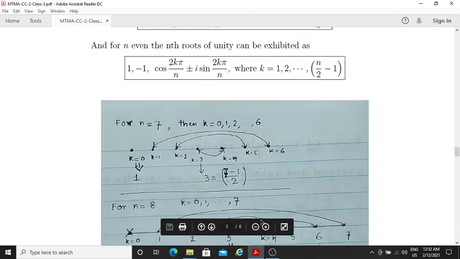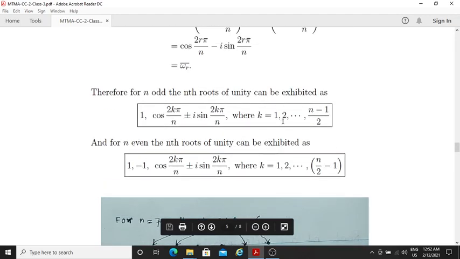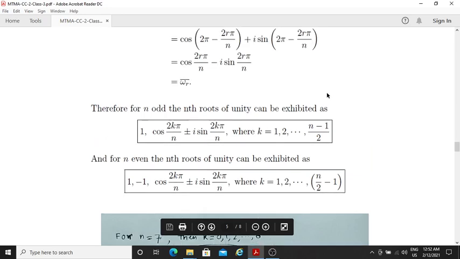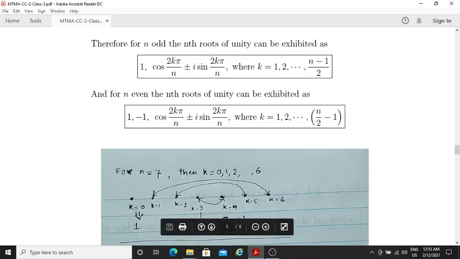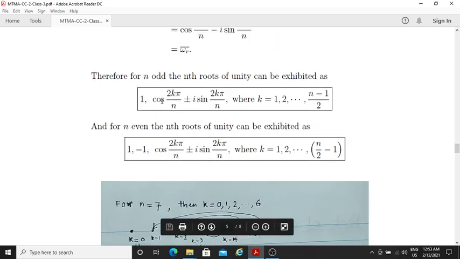All right, now what I was saying is here. For n odd, how many pairings can you do? For n odd, the k equals 0 case is your 1. So we are now rewriting the roots of 1 in the light of this pairing. For n odd, we can have 1 as one root for k equals 0, and the other roots are paired in this fashion.